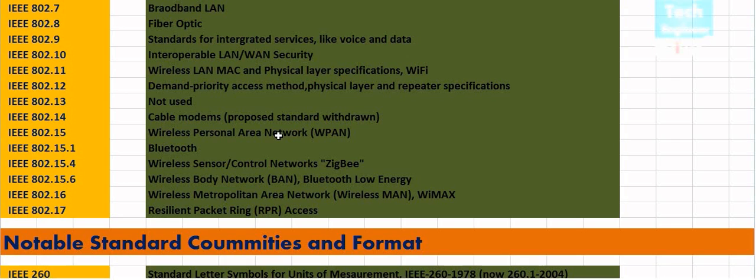IEEE 802.16 is for the wireless metropolitan area network, or WiMAX. These are the new era, and since the new era started, lots of smart cities are starting to be built, so we might see Wi-Fi networks one day for free.